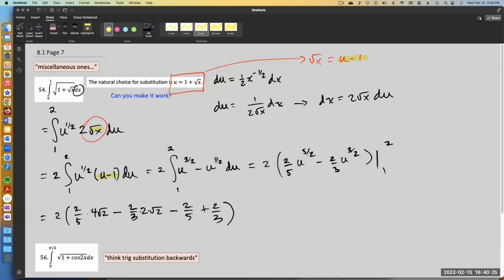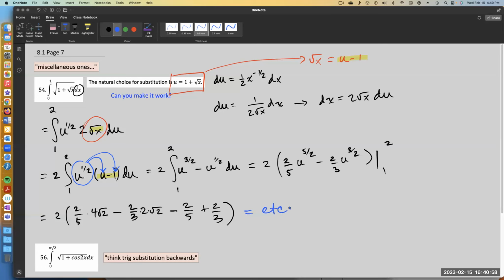Yep, that one. So this u right here is being distributed. This u to the half multiplies to this, and then it multiplies to this. Okay, I see. So yeah, the u to the half times 1 gives us u to the half. And u to the half times u gives us u to the 3/2. Makes sense. Yeah, cool.